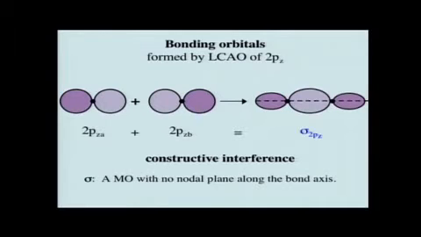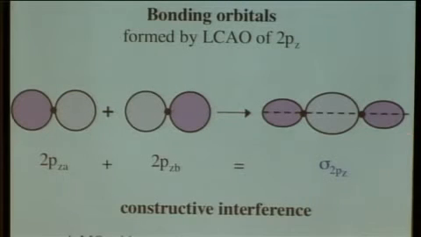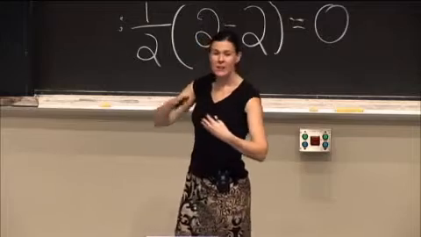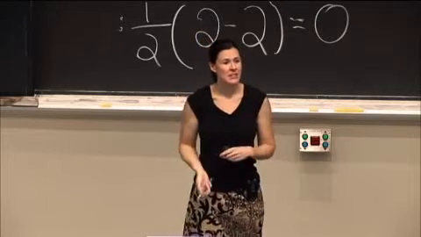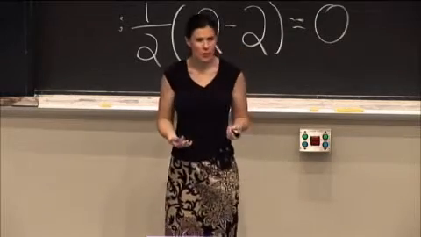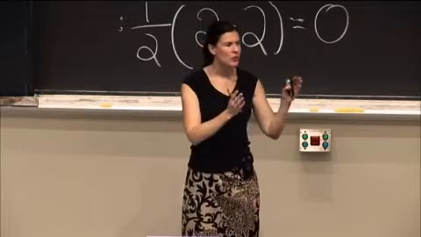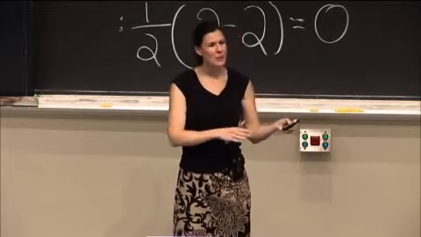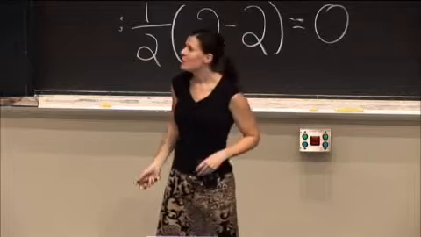The reason that it's sigma is if you look at the bonding axis here, there is no nodal plane along the bonding axis. Also, it is cylindrically symmetric around the bonding axis, so this is how we know that it's a sigma orbital. So some p orbitals form pi molecular orbitals, and some form sigma orbitals.